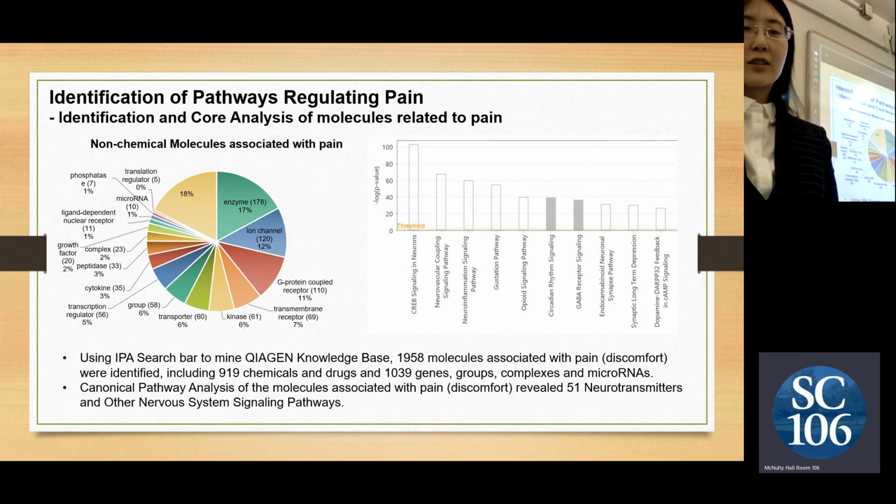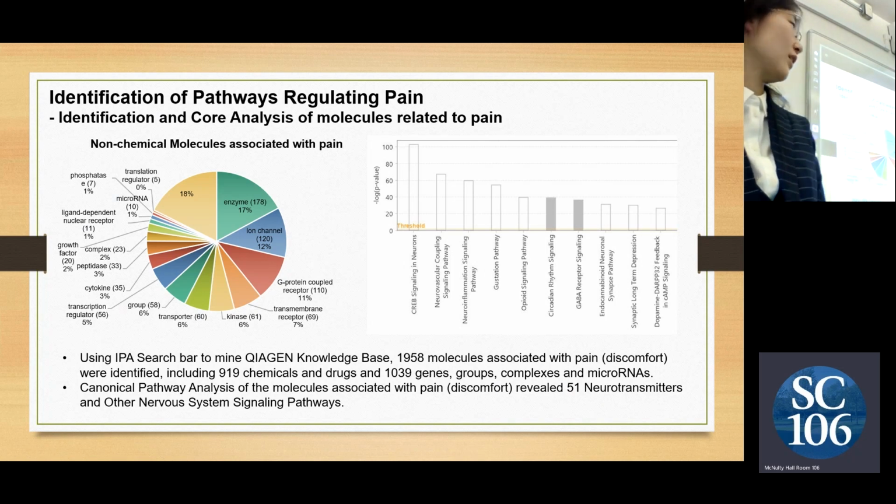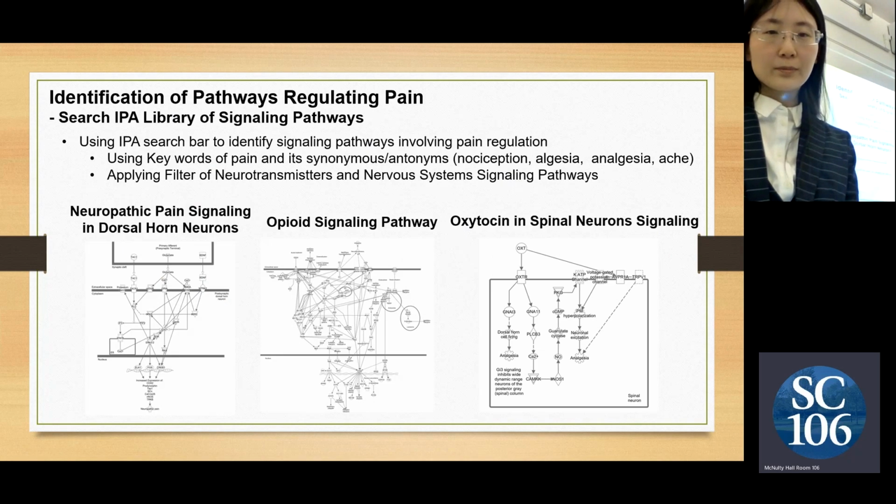Co-analysis of these genes, groups, complexes, and microRNAs reveals the pathways these molecules are heavily involved in. On the right, it shows the top 10 neurotransmitter and nervous system signaling pathways that these molecules are involved in.